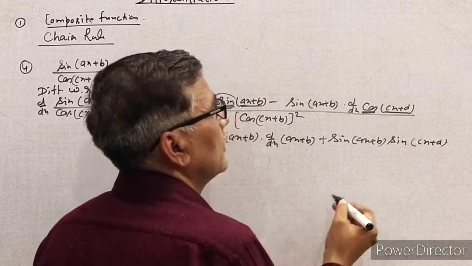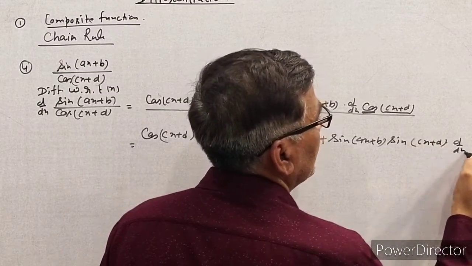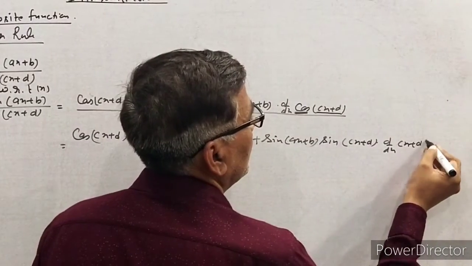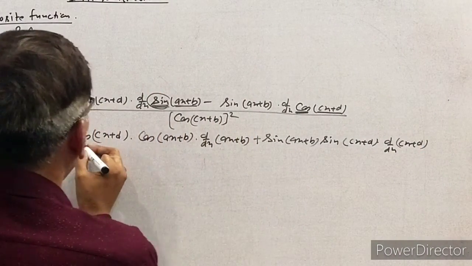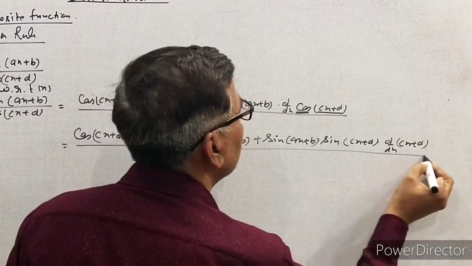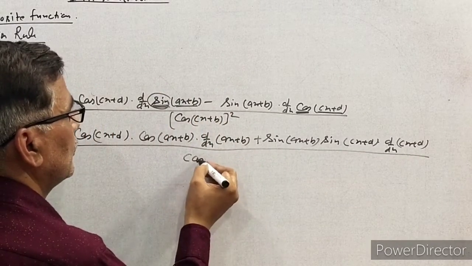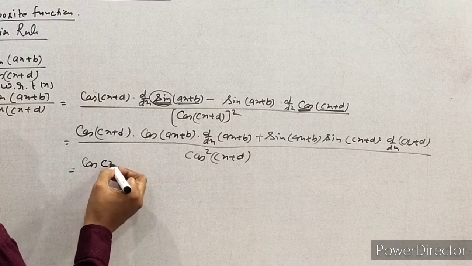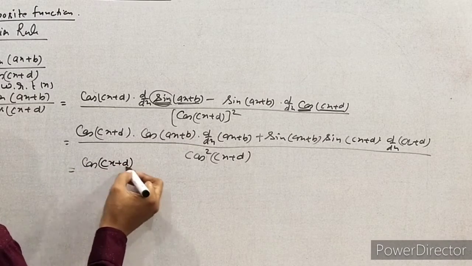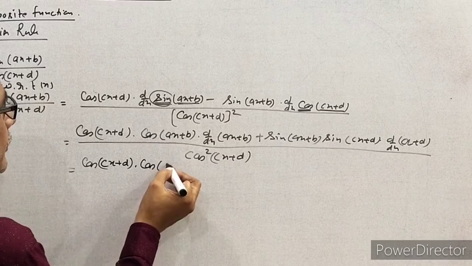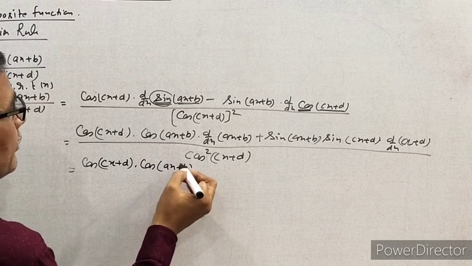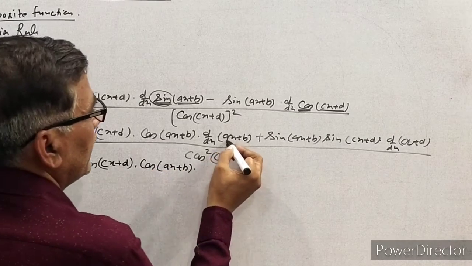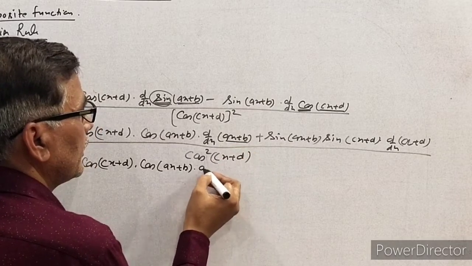Now differentiate this cx plus d, and the whole is divided by cos square. This is equal to cos cx plus d into cos ax plus b. Now the derivative of ax plus b: a is constant, written as it is.